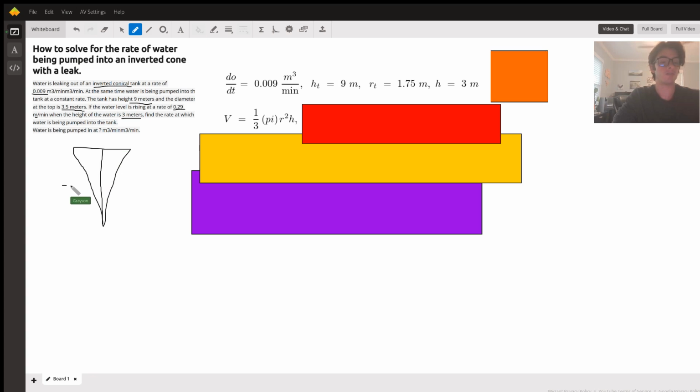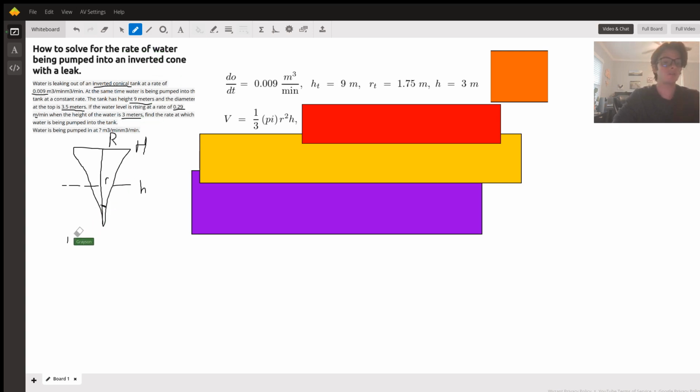If we have a height right here, let's say little h, and a radius right here of little r, and the height up here is big H, and the radius is big R. Because they share the same angle right here, they're similar triangles, meaning the relationship between their radii and their heights are going to be the same. So we'll simply relate that.